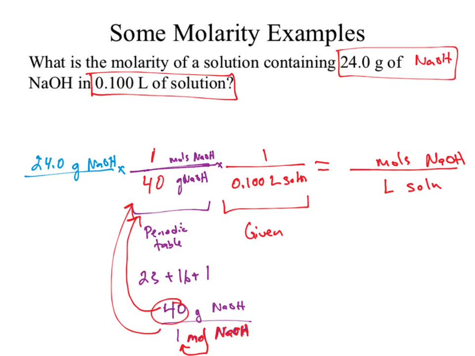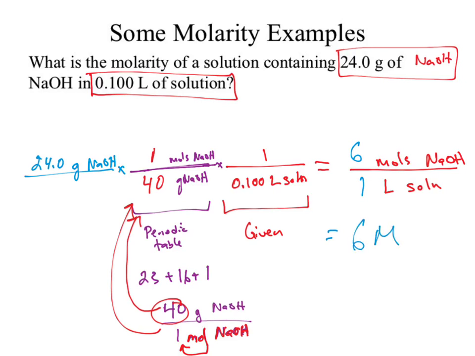24 divided by 40 divided by 0.1. We get 6 moles per 1 liter of solution. What is moles per liter equal? Molarity. And what is our symbol for molarity?